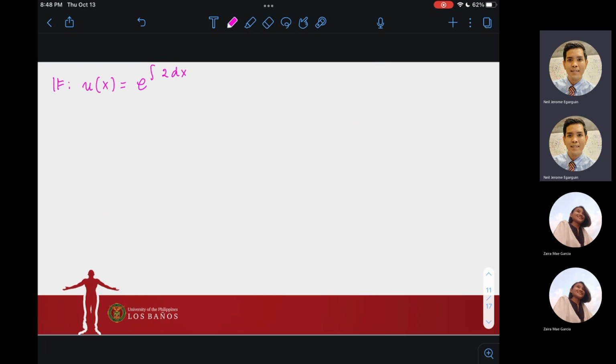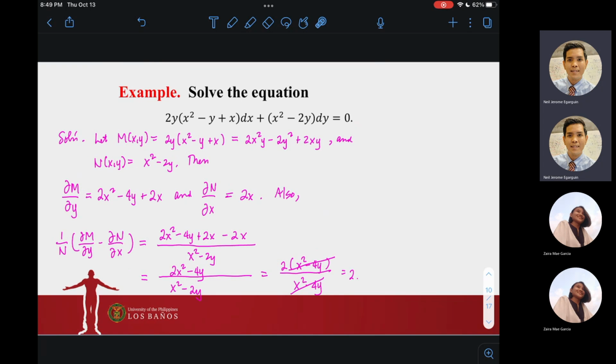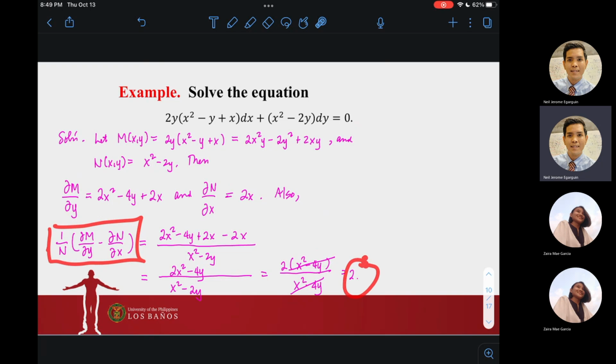Kasi ang tinesting ko yung 1 over m times partial, ang chinek ko ay yung 1 over n times partial ni m with respect to y minus partial ni n with respect to x. Pag ito yung chinek nyo, laging gusto mo function na walang y. Dapat function lang siya at most of x alone. Tapos i-integrate mo to with respect to x.